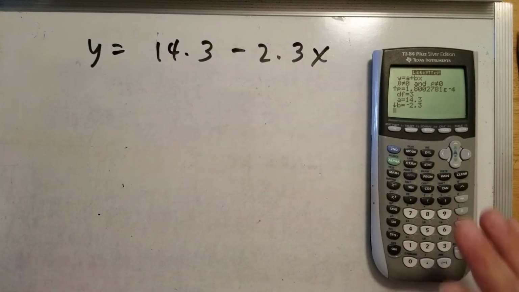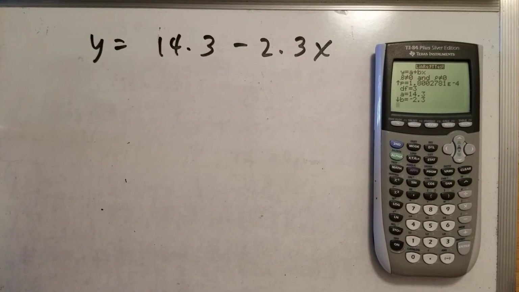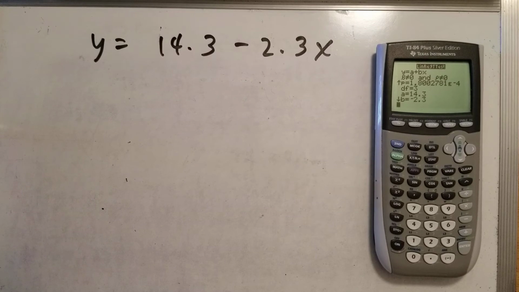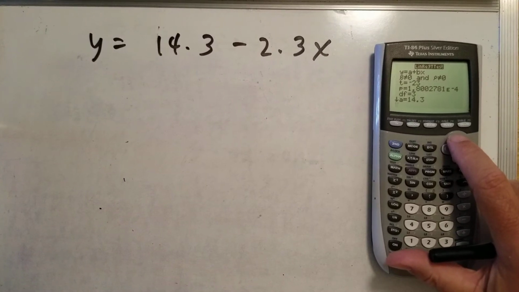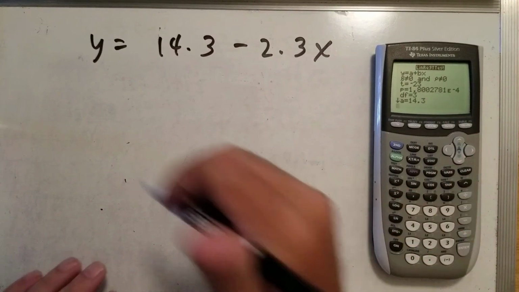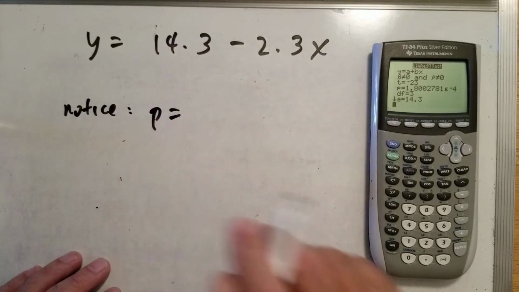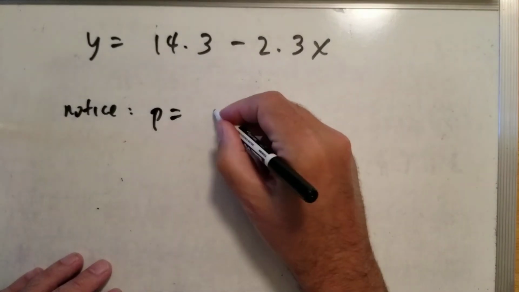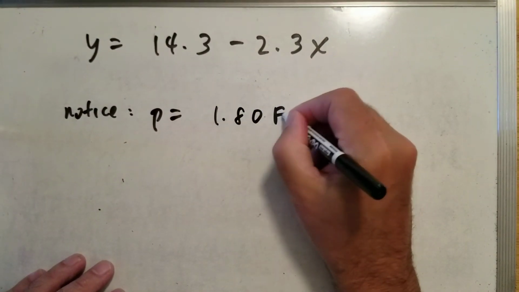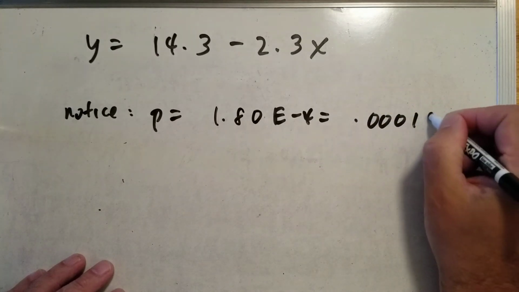Now, when we use this to predict the y value, there's a little bit of an issue where, remember, it said use significance alpha equals 0.05 in the beginning. That has to do with this p-value here. Notice the p-value was 1.80 times 10 to the minus 4, 1.8e-4, which is like 0.00018.